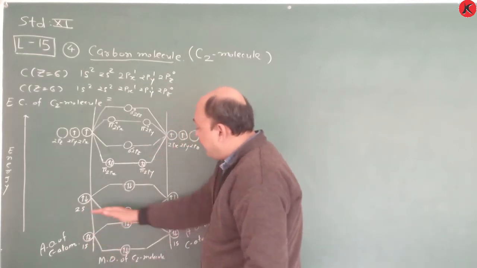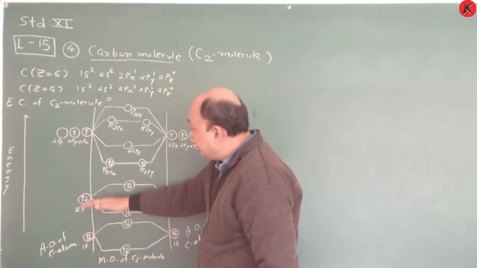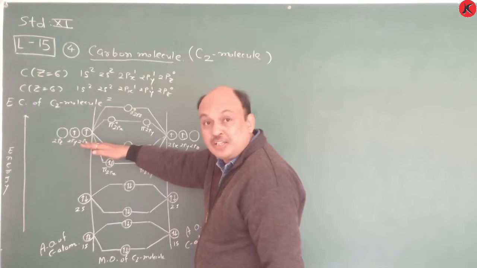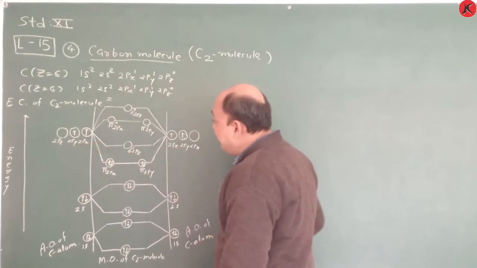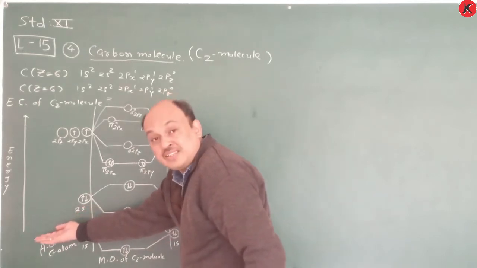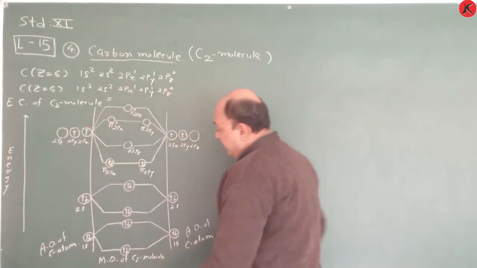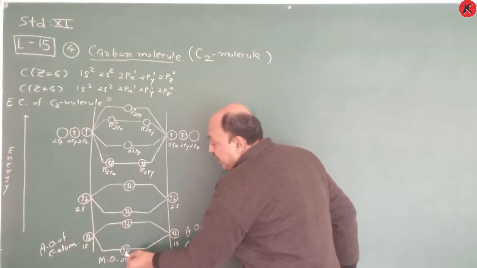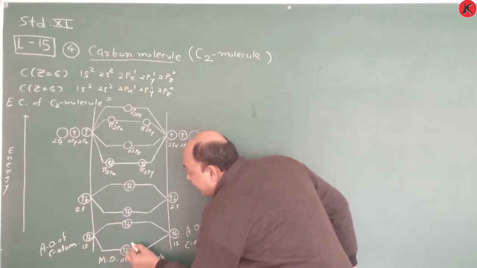According to that, the 1s orbital has lower energy, but the 2s orbital has higher energy, and the 2px, 2py and 2pz orbitals have higher energy. Remember this one, energy increases when we go from bottom to top. These 2 electrons are accommodated in what is known as sigma 1s bonding.